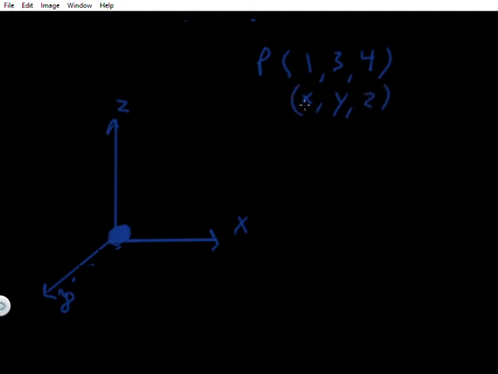So knowing this, I'm going to travel 1 unit along the x-axis, 3 units along the y, and then 4 units along the z. So let's do that. 1 unit along the x, 1, 2, 3 units along the y, and then 1, 2, 3, 4. So this would be over here, but I would have to draw a line going down to over here, so I know how it looks physically in space. I know that it's over here, not just on the x and z axes, but this would be the point P.